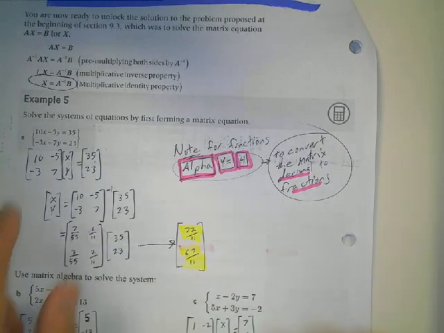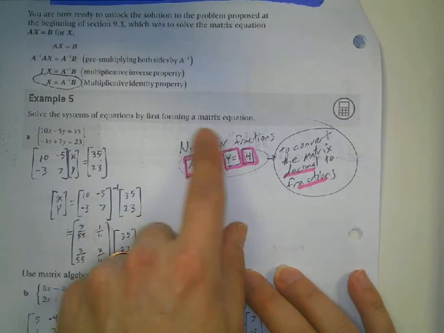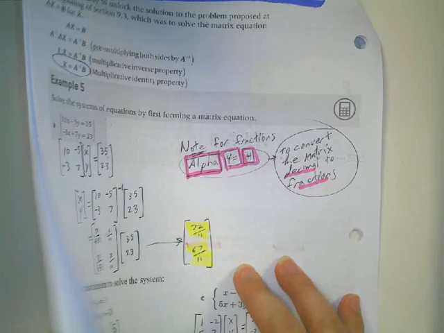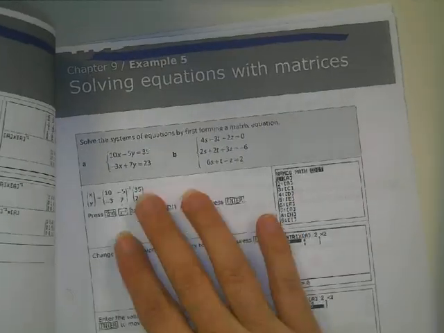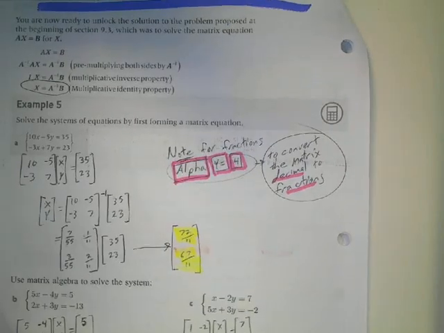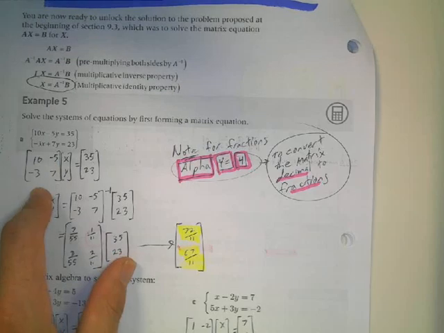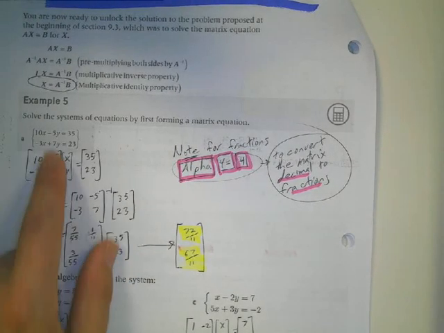Okay, so let's do example 5 here together. Solving systems. Because it's got this little picture of the calculator, the book does have calculator instructions, which I have stapled to the back of this package. But let's just do it together. I'm going to write my matrix of coefficients, 10, -5, -3, 7.